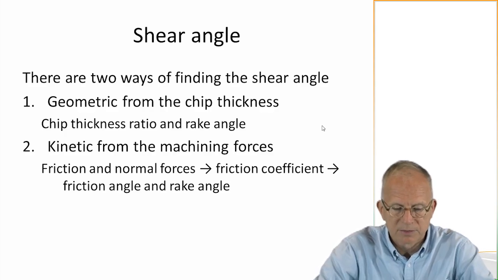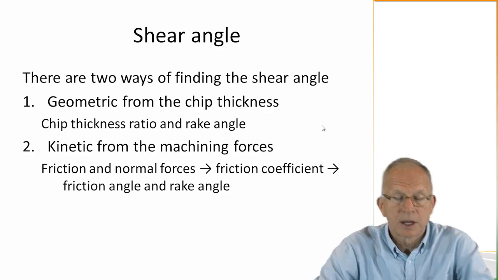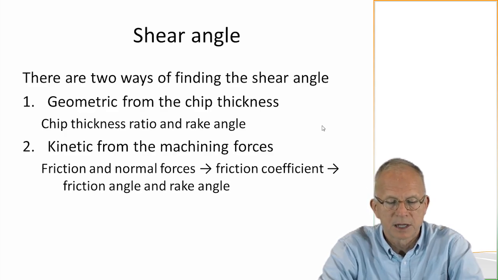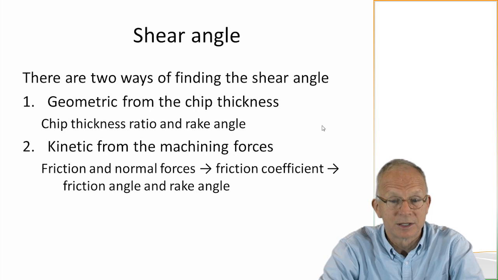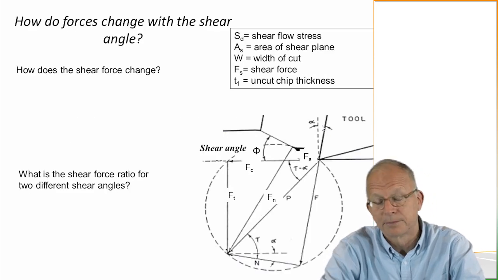So you get two ways of finding the shear angle. There are some textbooks which give you more information than you need, and it is conflicting. And I have seen problems in textbooks where the shear angle from the geometry is different than from the forces, but it's supposedly one problem.